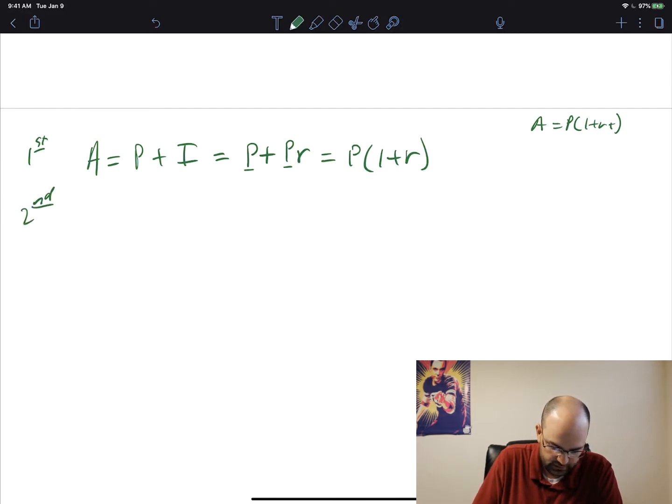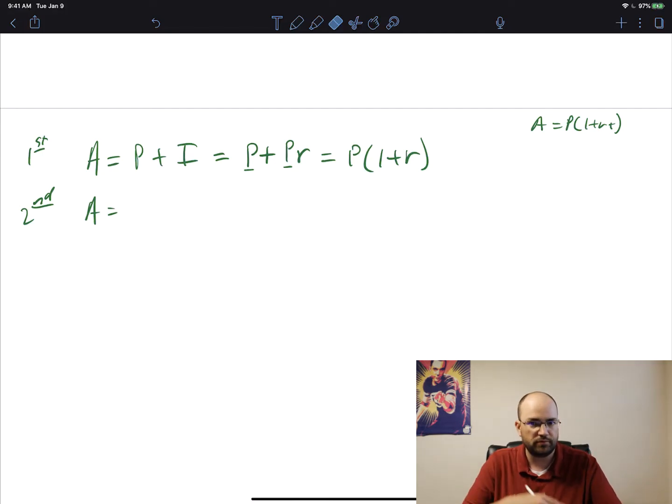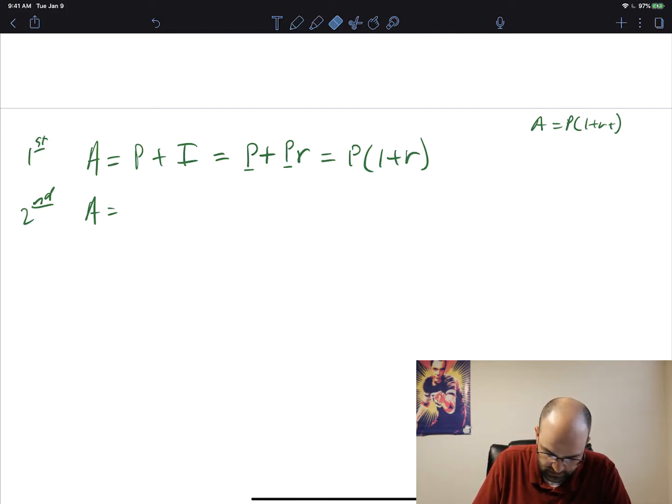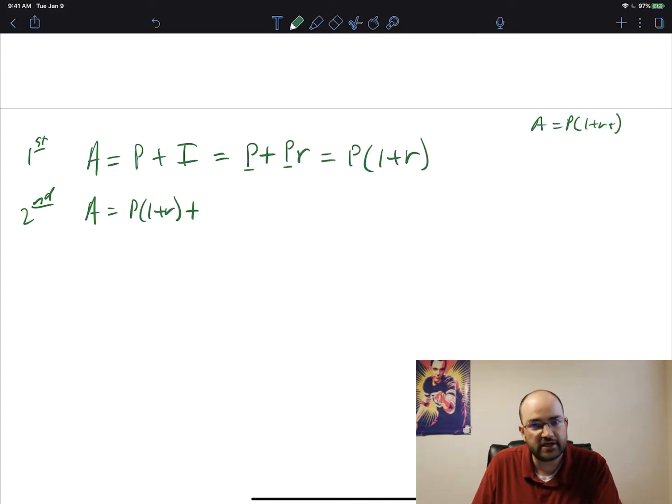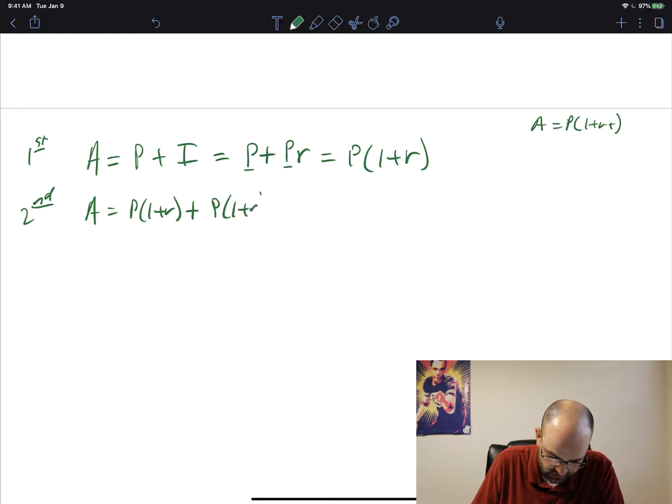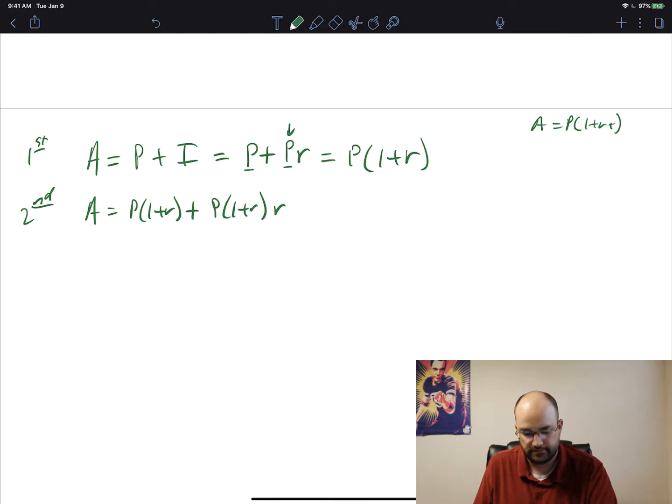So in the second period, let's figure out the future value for that one. So the new principal is the principal, or the balance from the previous period, which was P times 1 plus R, and then plus another interest. But the interest is P times 1 plus R, which is your principal, times your interest rate.